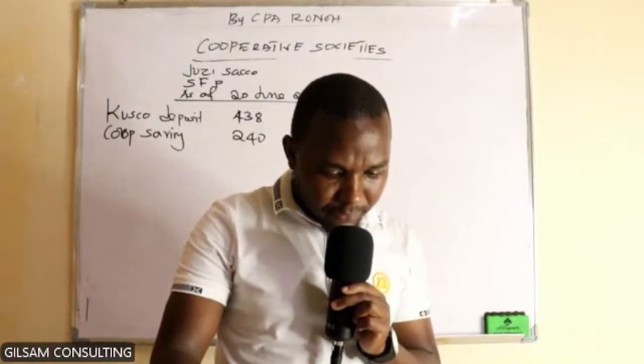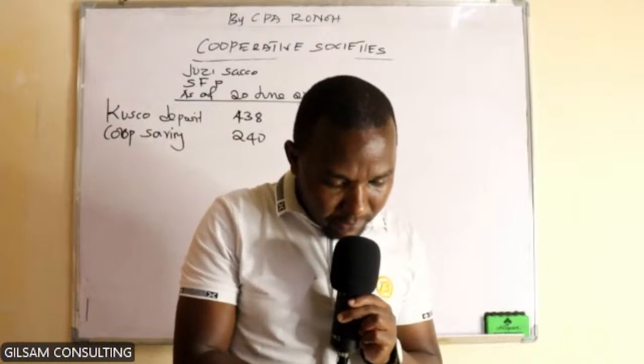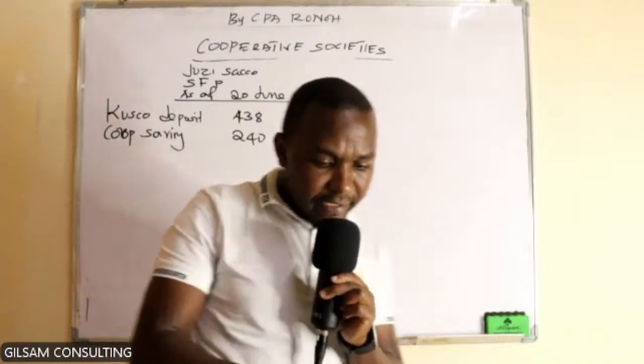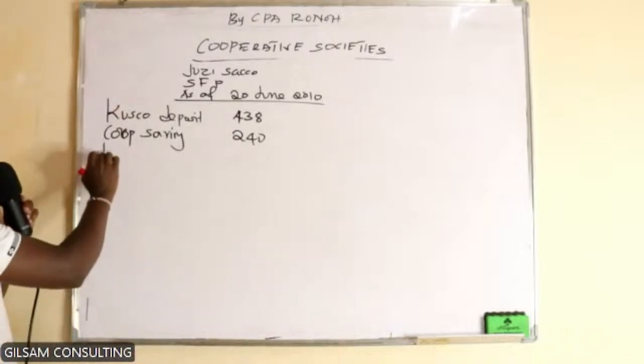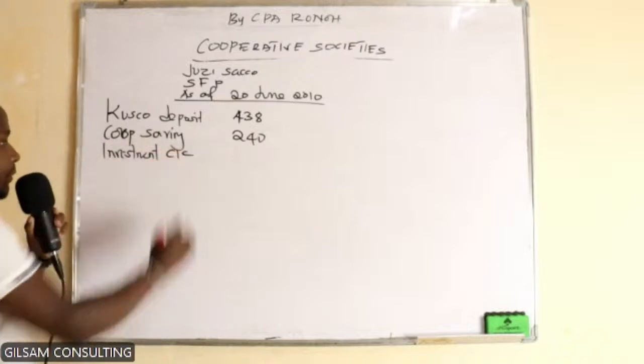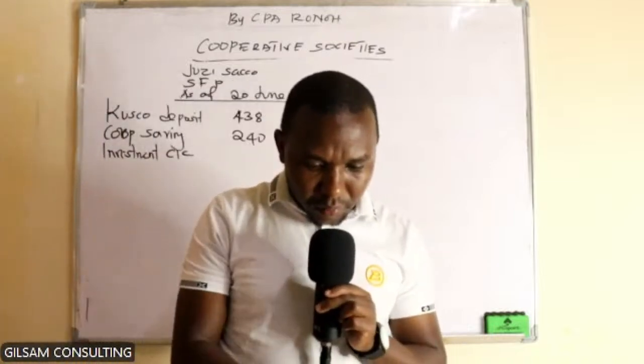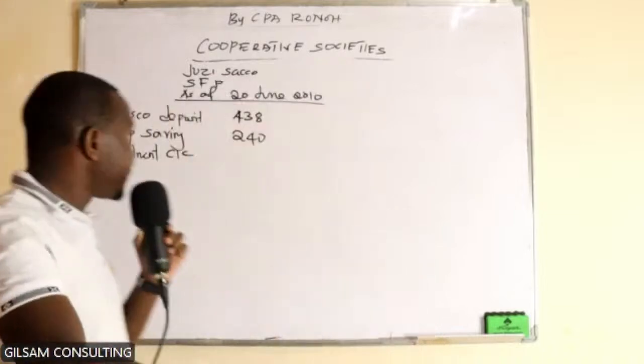We have loan to members. That is a current asset. So let's first exhaust the non-current assets. Investment in CIC, bank saving in CIC, that is 540.